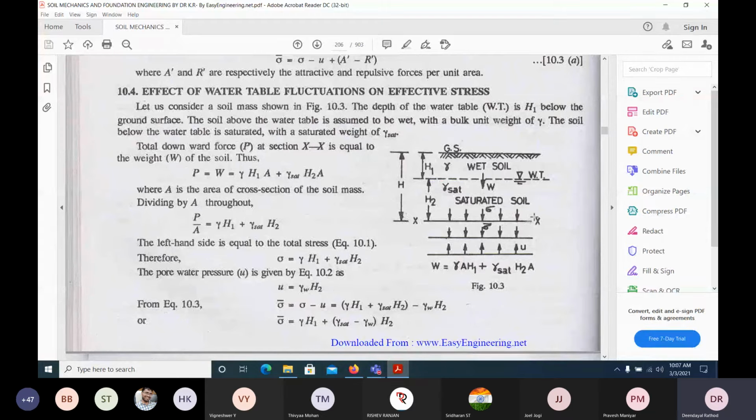Now, if I ask you how we can find out the effective stress here, first we have to find out the total stress. Understand? Look at this, this is what we have explained. What is the total stress here?